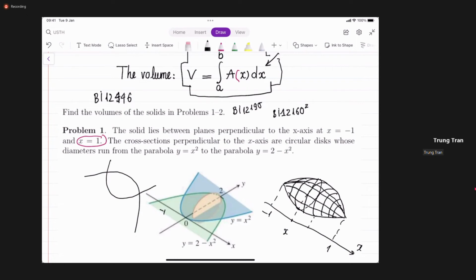The domain is the red color here. In this picture, you can see the interval is -1 to 1, exactly as in the problem: x equals -1 and x equals 1.